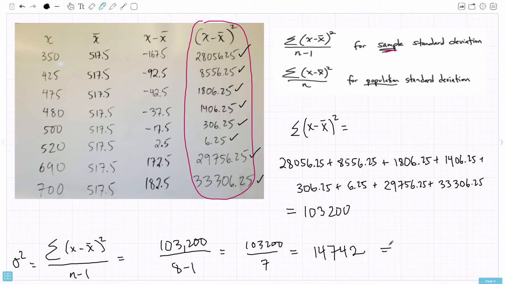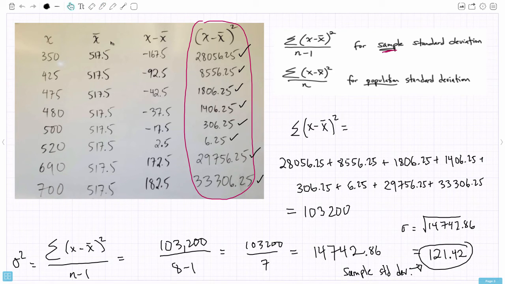So the last step is to take a square root of that. To be a little more accurate, let's say 14,742.86. So the standard deviation is the square root of 14,742.86. It's about 121.42. That's my answer for the sample standard deviation.